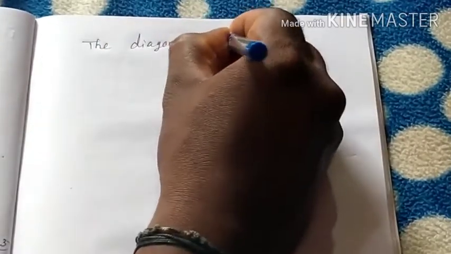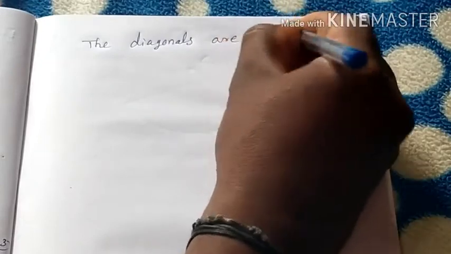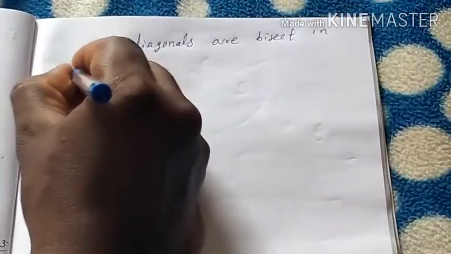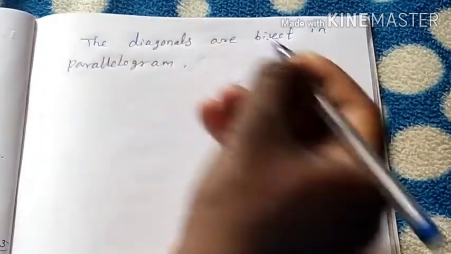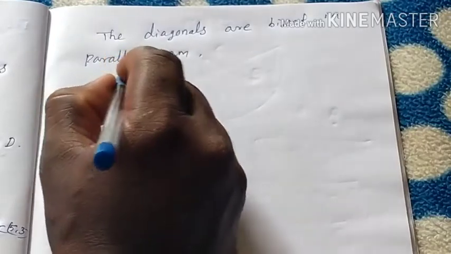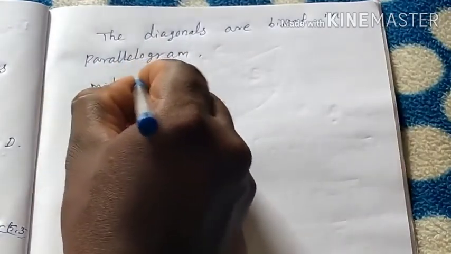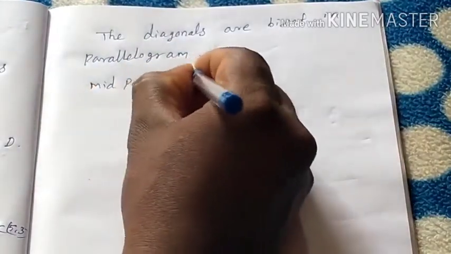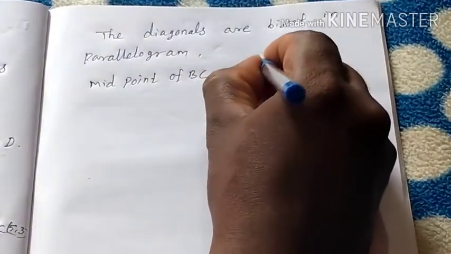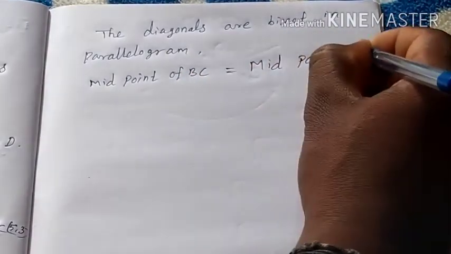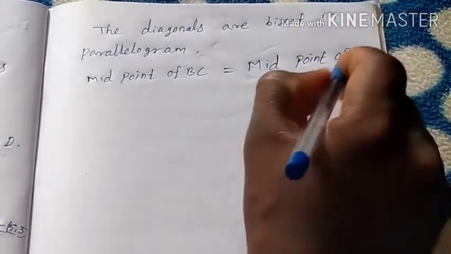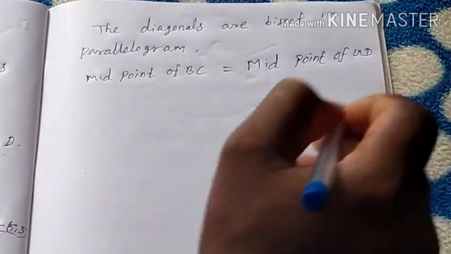This is one of the properties of a parallelogram. Midpoint of BC equals midpoint of GD.